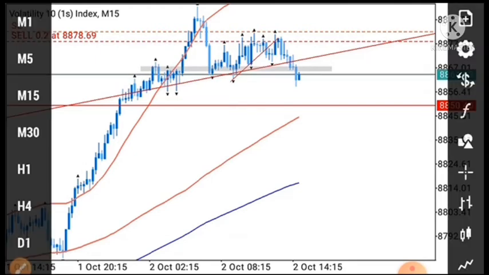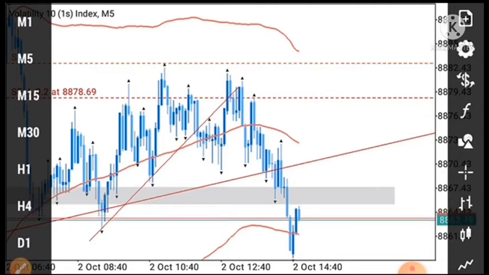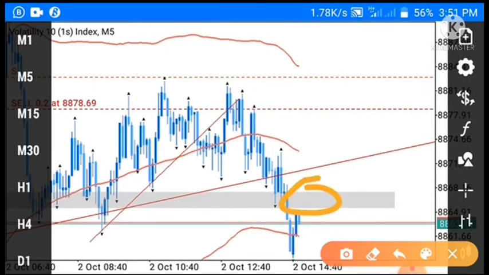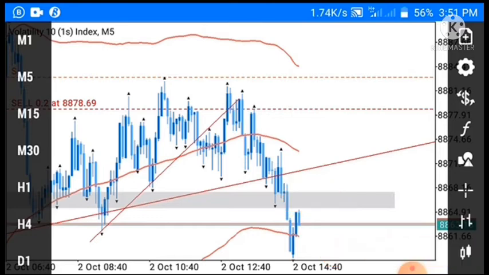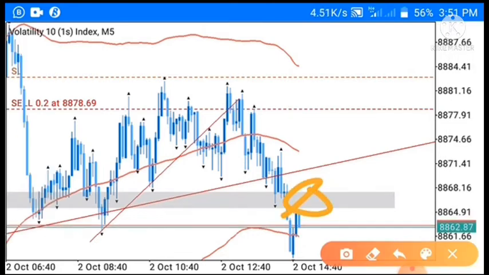Now let's go to the 5 minutes so that we can see the reaction carefully. We are waiting for the market to come around here, and then we can sell. So right now we can see the market coming around here and going down again. Let's wait for this candlestick to finish.